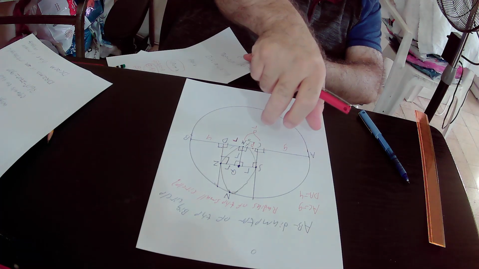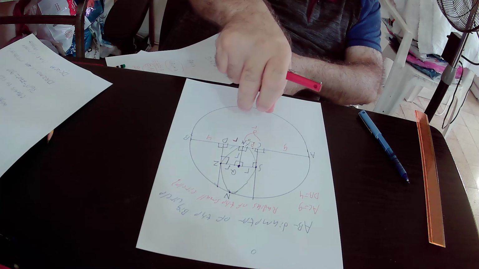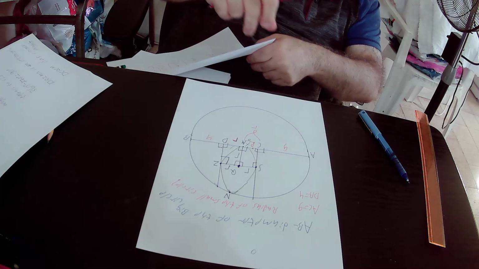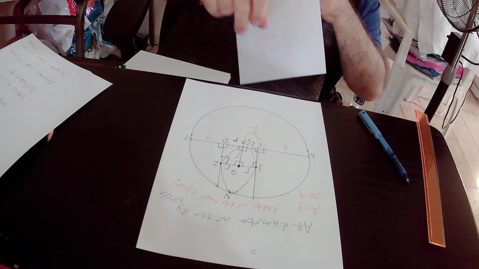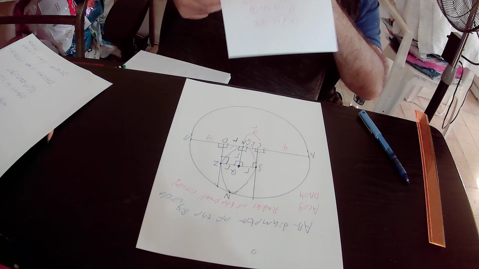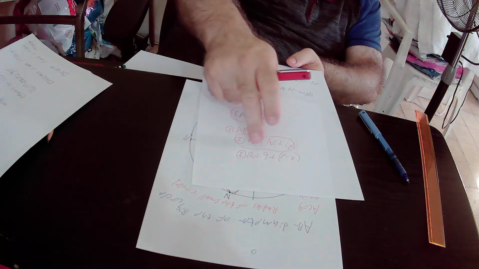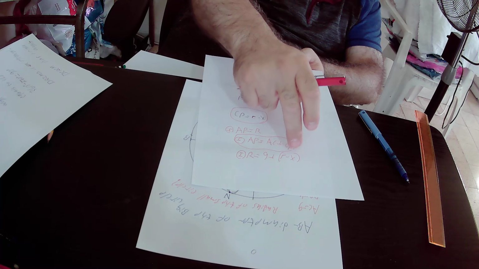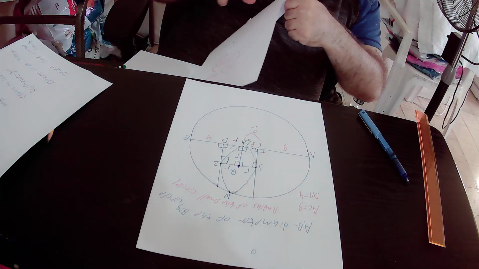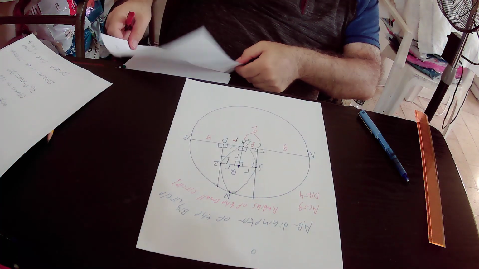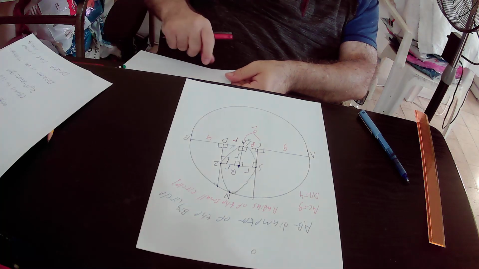And AC equals 9 units, and CP equals R minus X. So in total, AP, that is the radius of the circle, equals 9 units plus R minus X.